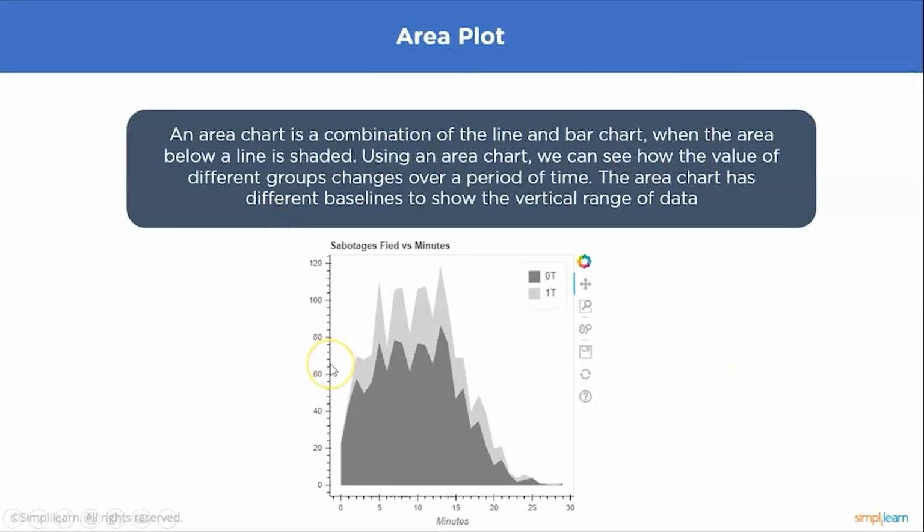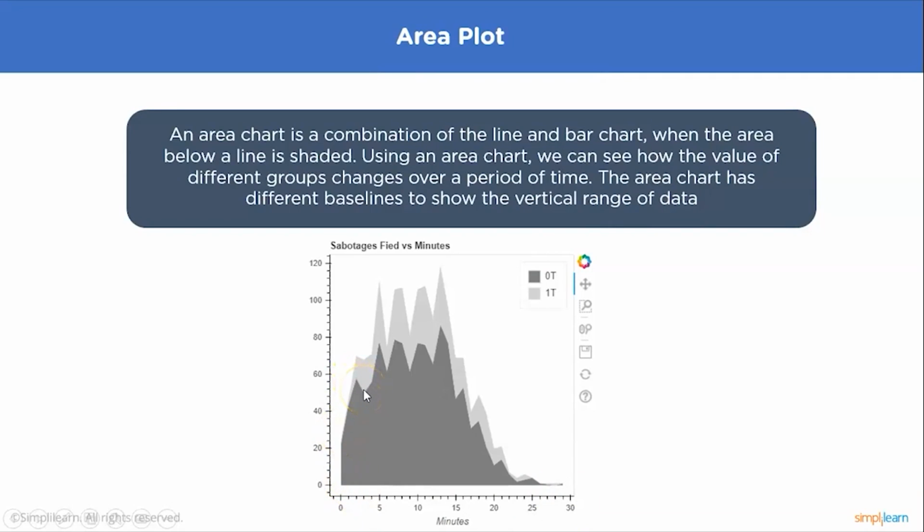Here we've plotted the sabotages fixed versus the minutes at which they were fixed at, right? So these are the minutes, and the sabotages fixed are of two types, 0t and 1t. The number of minutes that we're considering here is somewhere around 28-ish, right? And 0t, as you can see, has a way higher value.